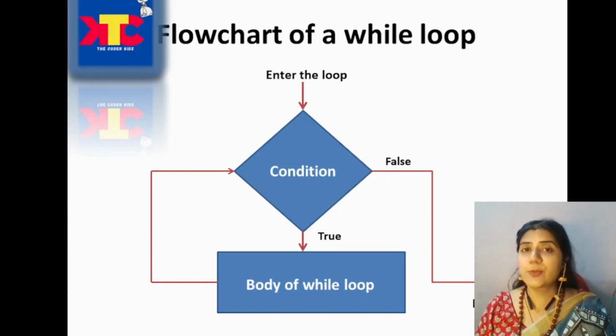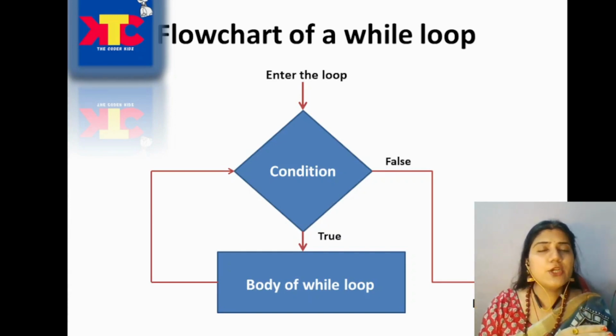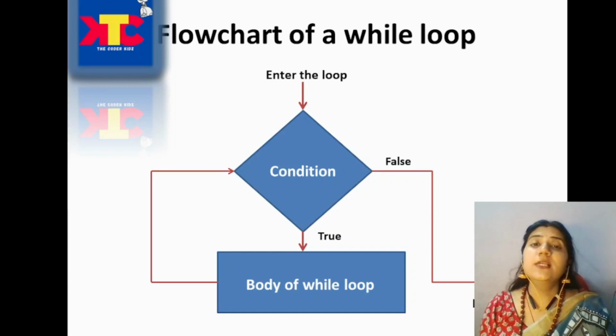In case your condition is true, we enter the body of the while loop and all the operations are run accordingly. The moment your condition turns out to be false, you reach the end of the loop, or in better language, your loop terminates. This is the major point where your while loop ends.